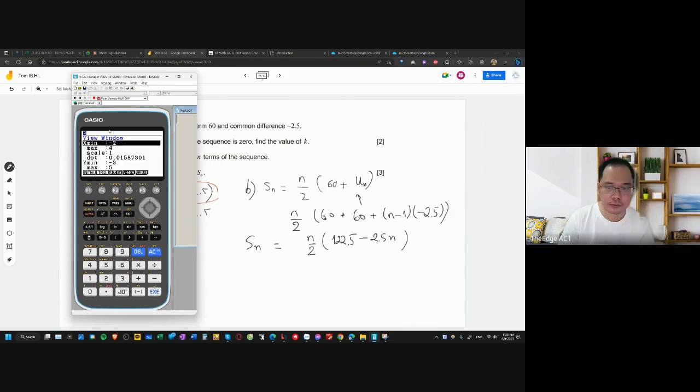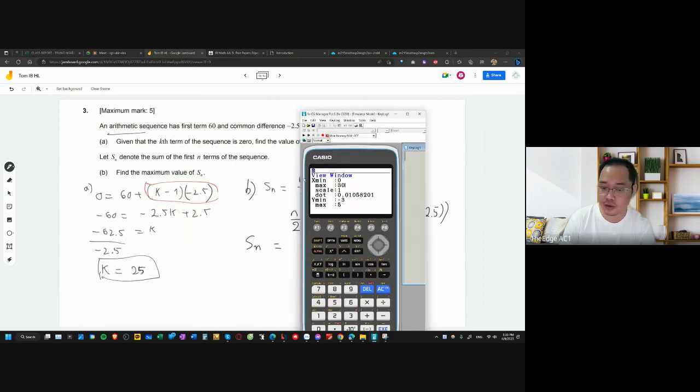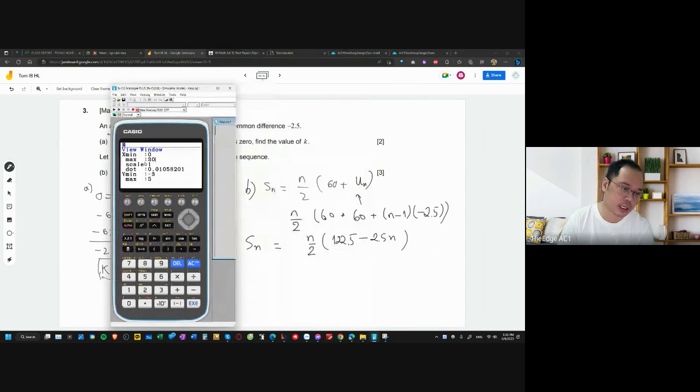Shift window. The sum. I don't know. Just choose randomly, x is n. n should be from 0. Delete here. 0 to 30 or something, because we found here that k is 25. So let's choose x to be 30 and see how the graph looks.